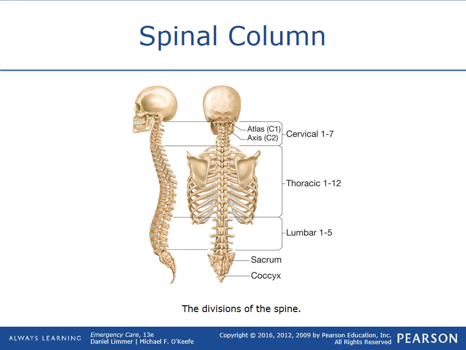And to damage these can actually cause death because it disconnects the spinal column from the brain. That up in there at the base of the brain is where all of our vital functions take place. That's where our blood pressure and our heart rate and our breathing are all controlled.